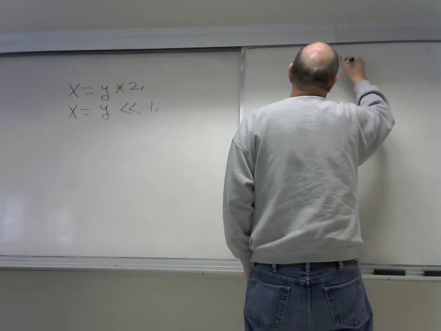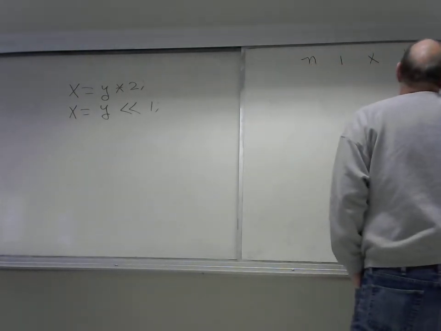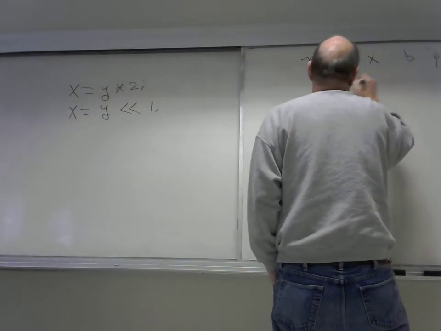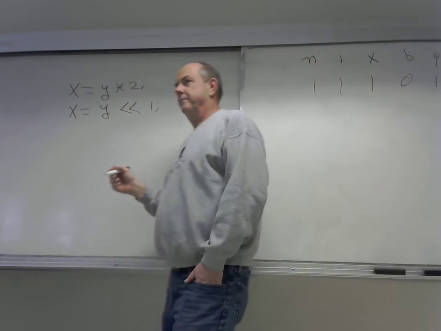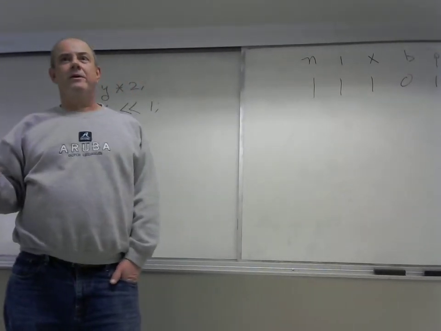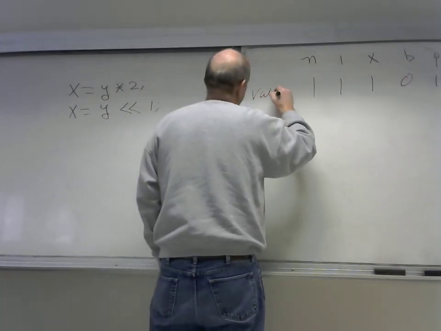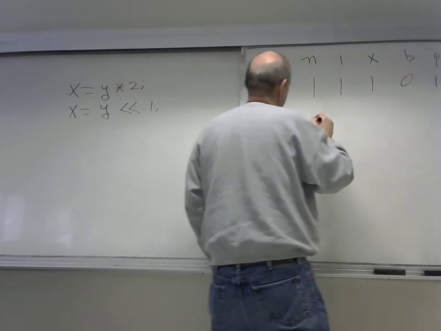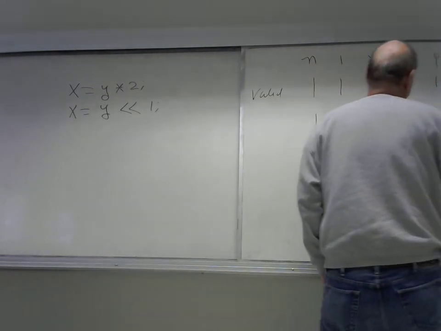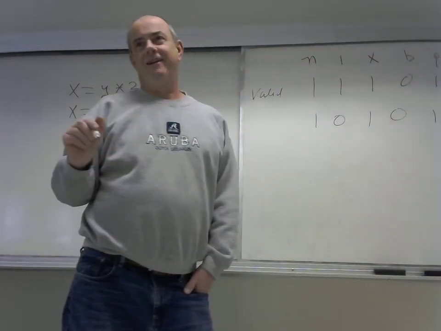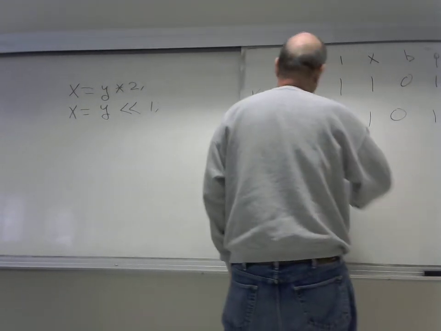N, I, X, B, E, E. Valid or invalid? Okay. Valid or invalid? Invalid. Preposterous, she says. Okay. Agreed.